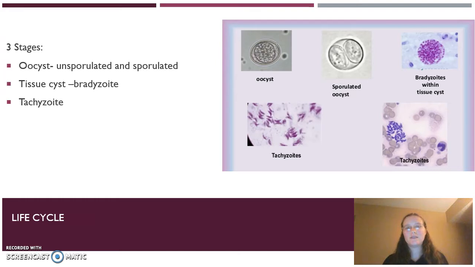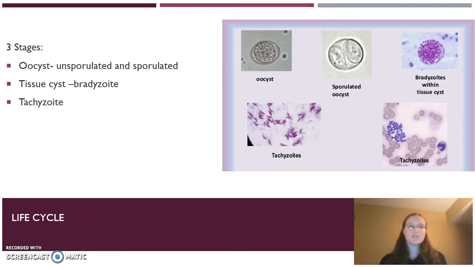Initially the newly formed zygote will form an oocyst, which will exit the cat through the cat's feces. Then once it's in the environment it will sporulate and become infectious. The sporulated oocyst can exist in the environment for up to 4 months, so quite a long time.